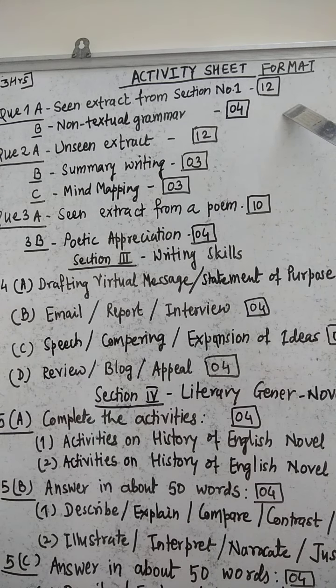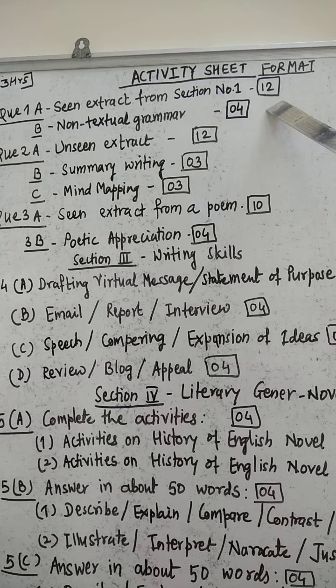A1 is based on global understanding, A2 is based on complex factual, A3 is based on, say, inference or interpretation or analysis type of question, A4 is for personal response, A5 is based on language study.